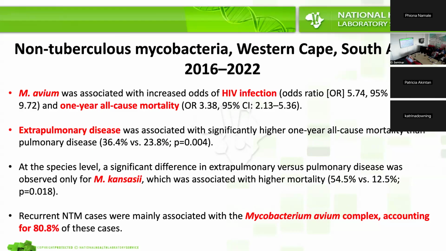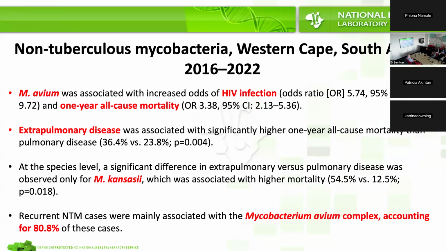Almost as would be expected, extrapulmonary disease also has a higher 1 year all-cause mortality compared to pulmonary disease. And Mycobacterium kansasii, when we compare extrapulmonary versus pulmonary, also had a higher chance of 1 year all-cause death. Maybe indicating for that specific NTM, we should be a little bit more wary of a watchful waiting approach compared to some of our other NTMs in management.